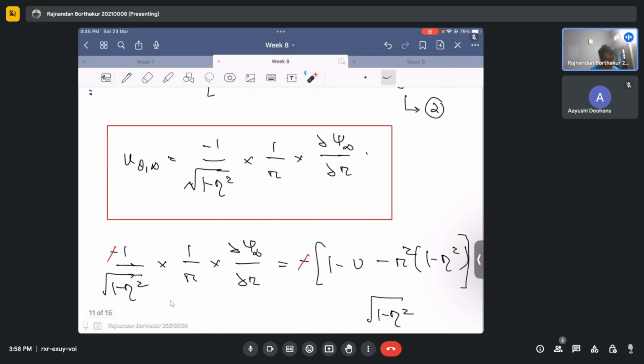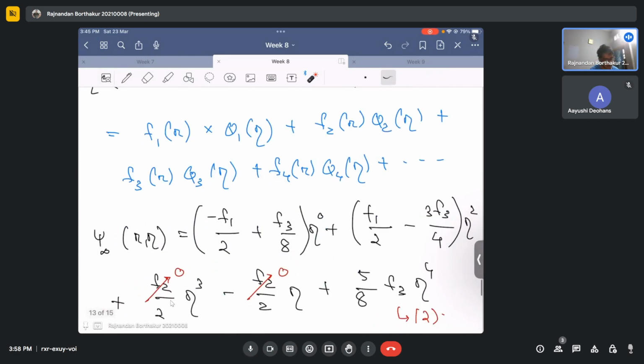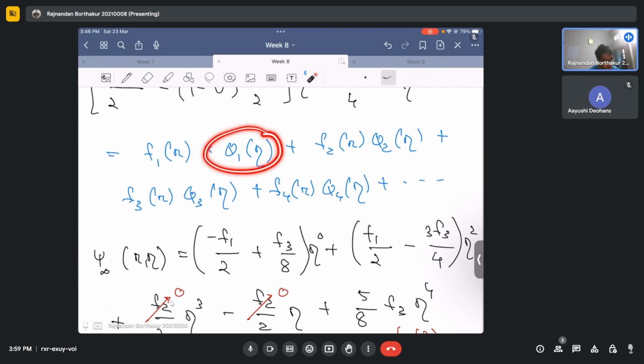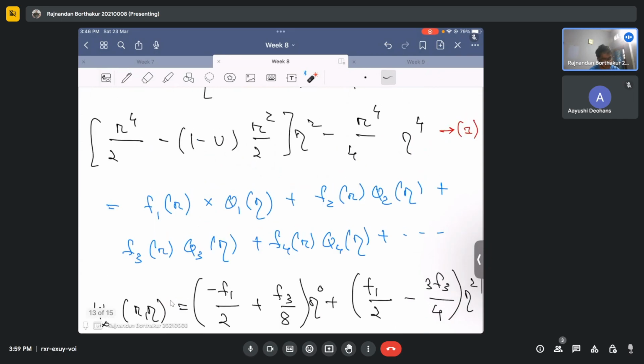So we just substituted the value of Q1, Q2, Q3 and Q4. I substituted Q1 as half of eta squared minus 1. Just hang on, I'll show you how Q2 looks.